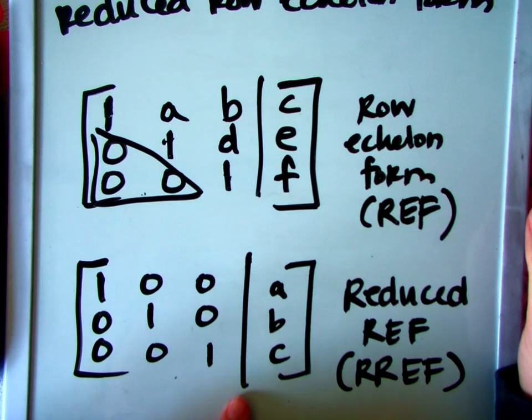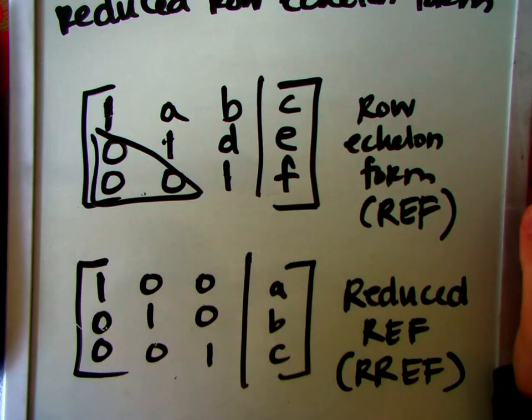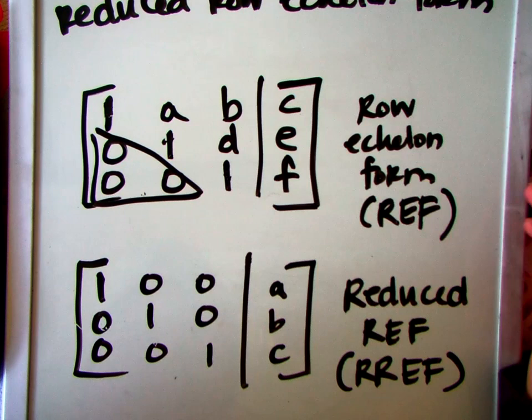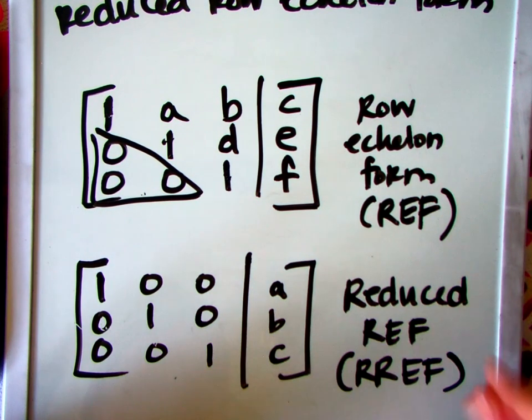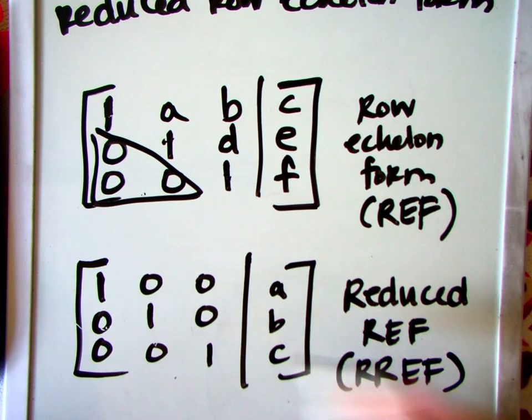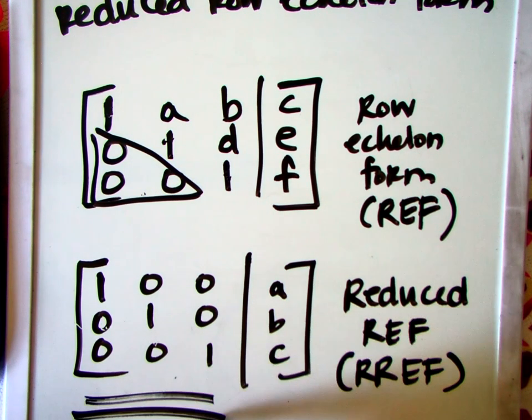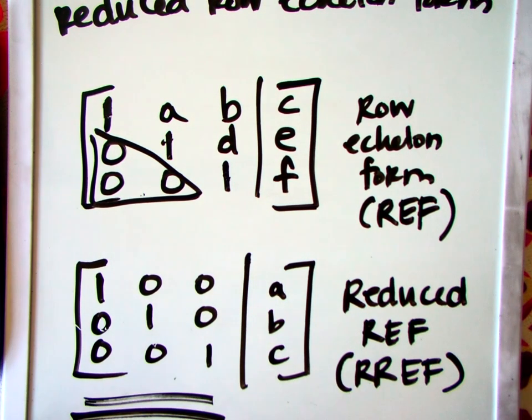So we still have this diagonal of 1s, we still have this triangle down here of zeros, but then every other entry should be a 0 as well. So this is reduced row echelon form. And when something's in reduced row echelon form, this coefficient matrix is called an identity matrix. We're going to talk a lot more about that in the next video.